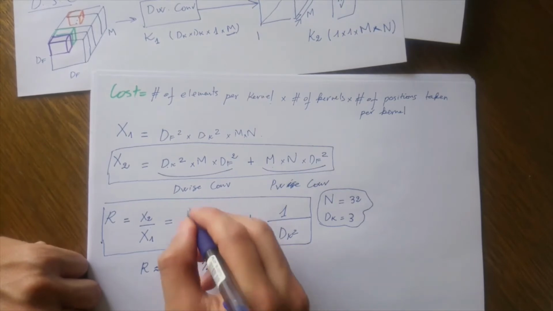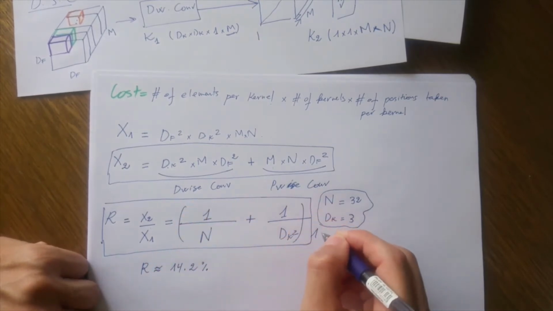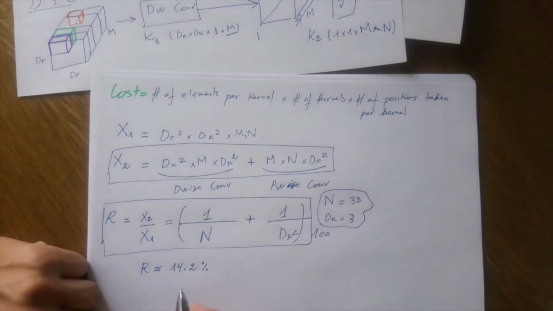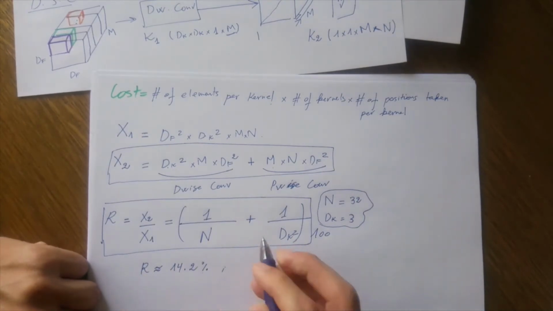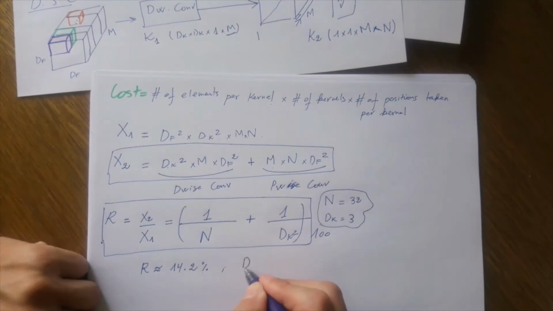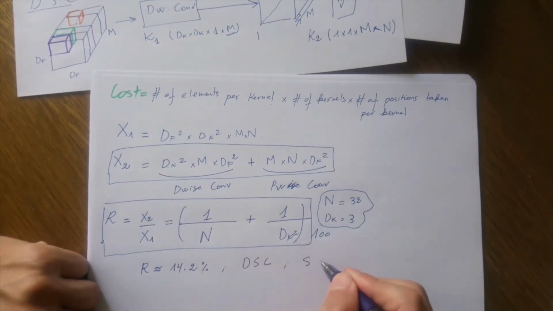We should multiply this by 100 to get the percentage. What does that mean? This means that the depthwise separable convolution takes only 14.2% of the computations required by the standard convolution.